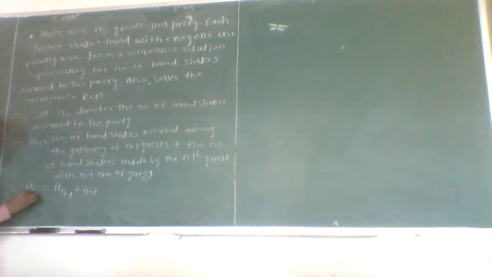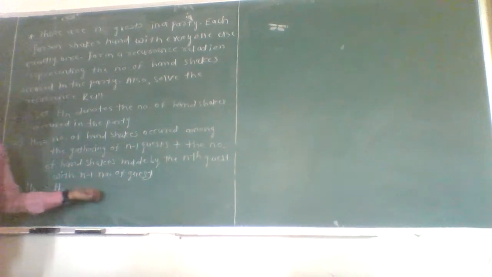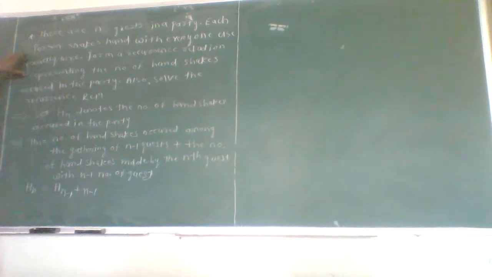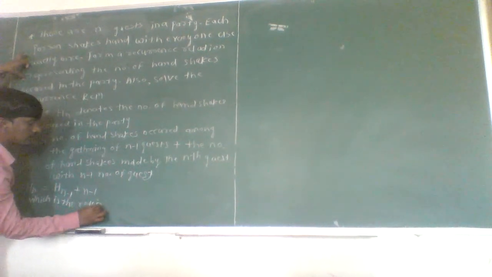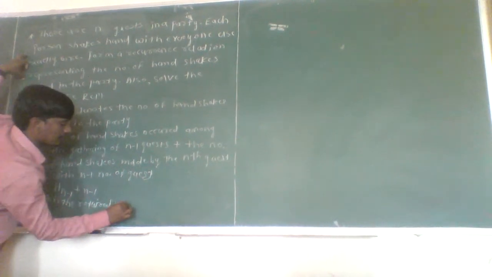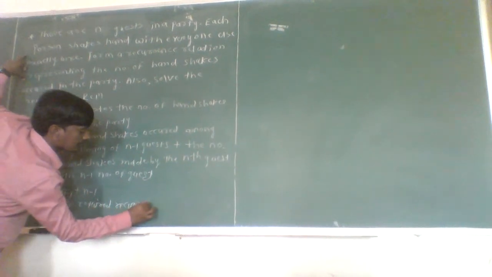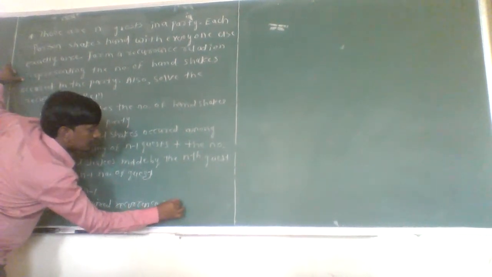Therefore, Hn equals Hn minus 1 plus n minus 1 is the required recurrence relation.